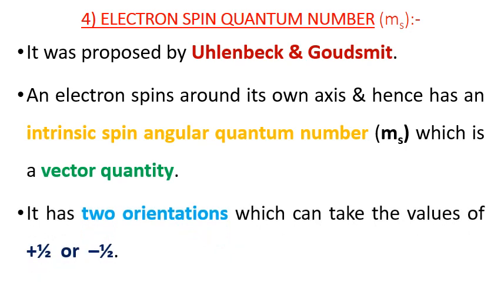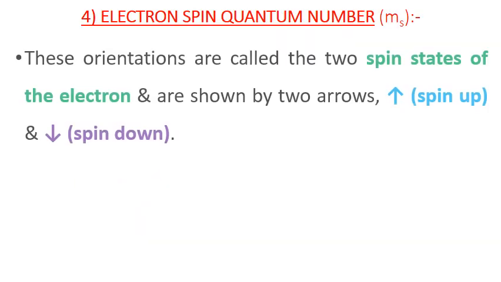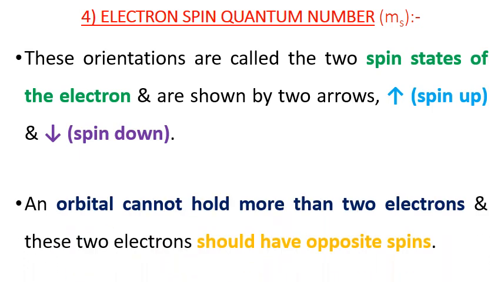It has two orientations which can take the values of plus half or minus half. These orientations are called the two spin states of the electron and are shown by two arrows, spin up and spin down. An orbital cannot hold more than two electrons, and these two electrons should have opposite spins.